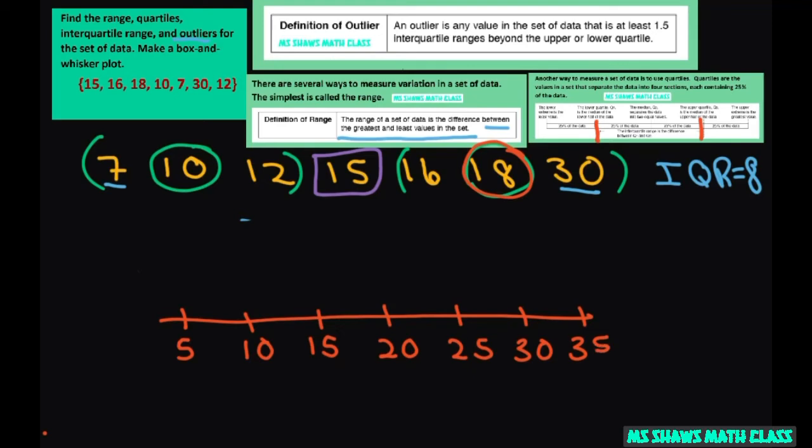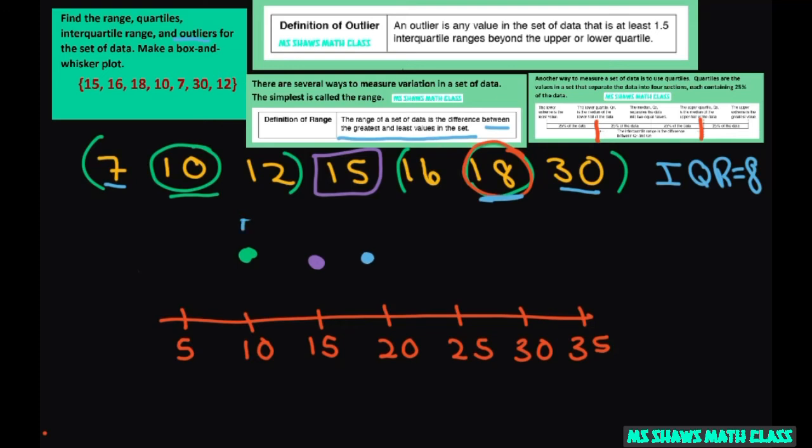Now, for quartile 2, that was 15. So you go to 15 and put a little dot there. All right, your quartile 1 was 10, and that goes there. And your quartile 3 was 18, so that goes about there.